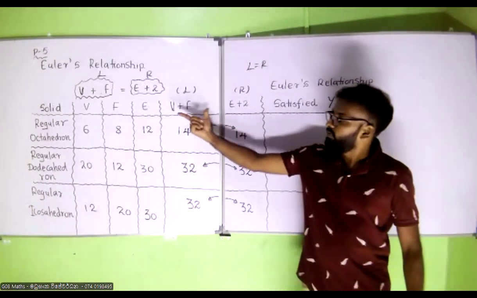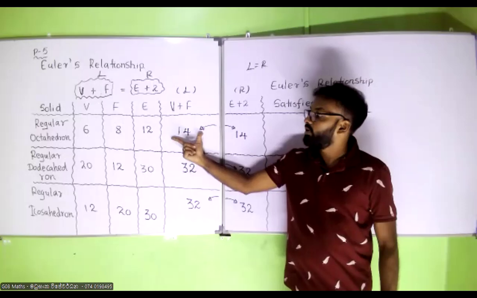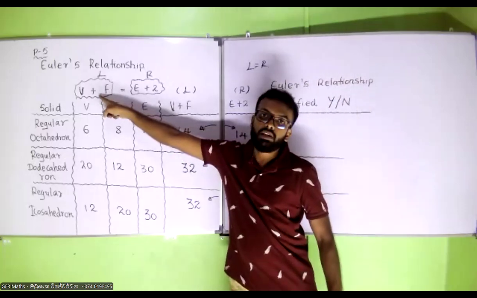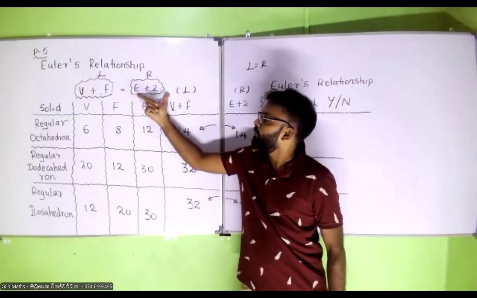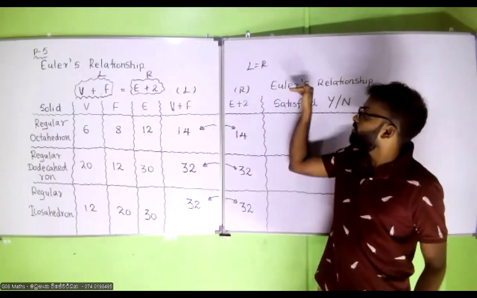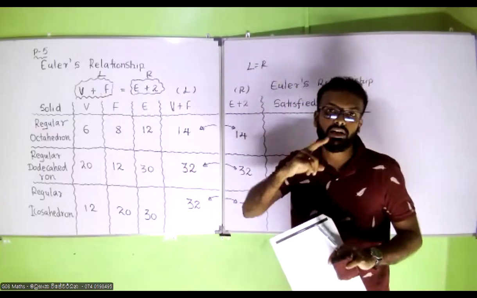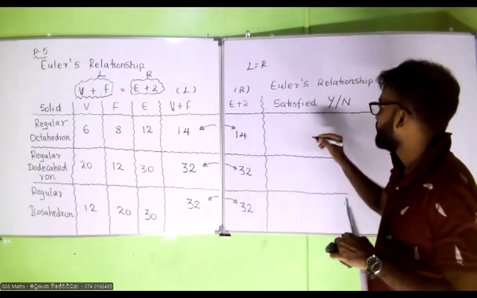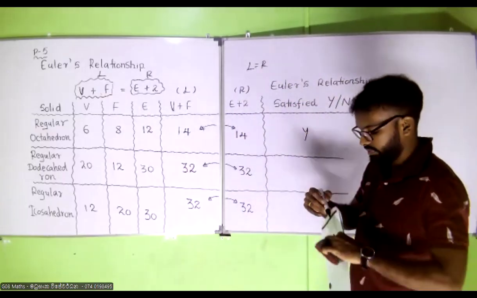Here you have V plus F 14, and E plus 2 is also 14. So Euler's relationship is satisfied. It is true, so this is yes.